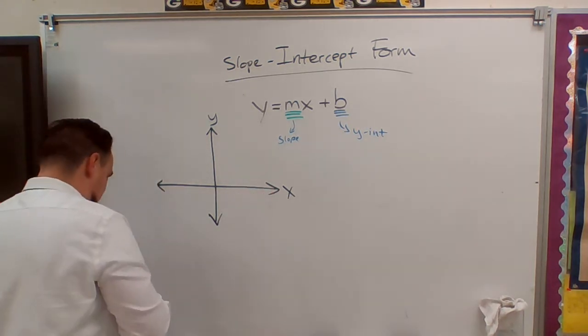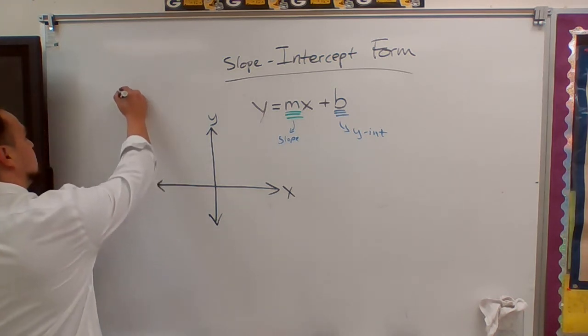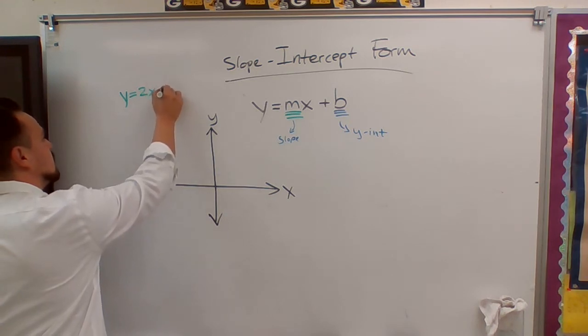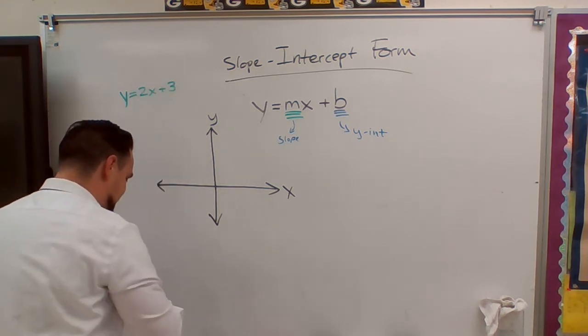Let me give you this as the function. y equals 2x plus 3. So what does that tell us?